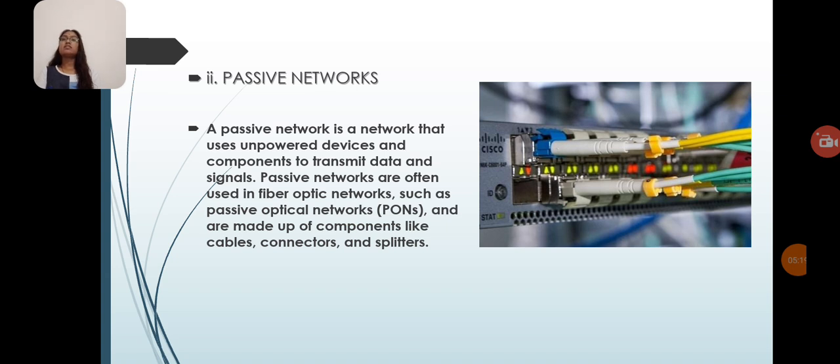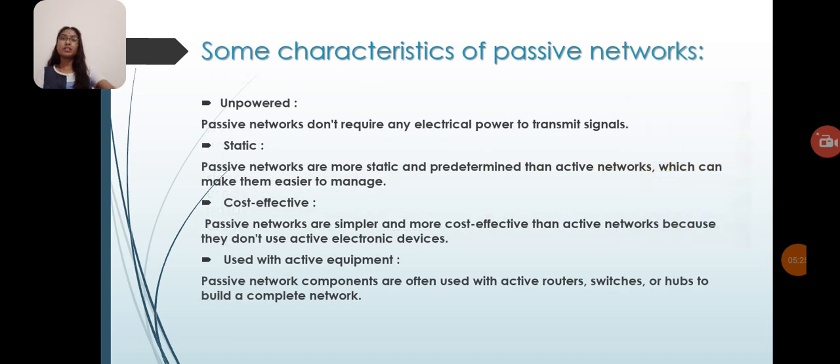And third is cost effective: passive networks are simpler and more cost effective than active networks because they don't use active electronic devices. Passive network components are often used with active routers, switches, or hubs to build a complete network.